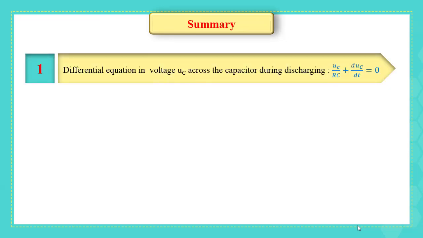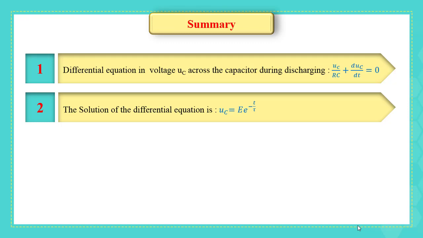Summary. 1. The differential equation in voltage UC across the capacitor during discharging is UC over RC plus duc over dt equal to 0. 2. The solution of the differential equation is UC equal to E exponential minus t over tau. 3.